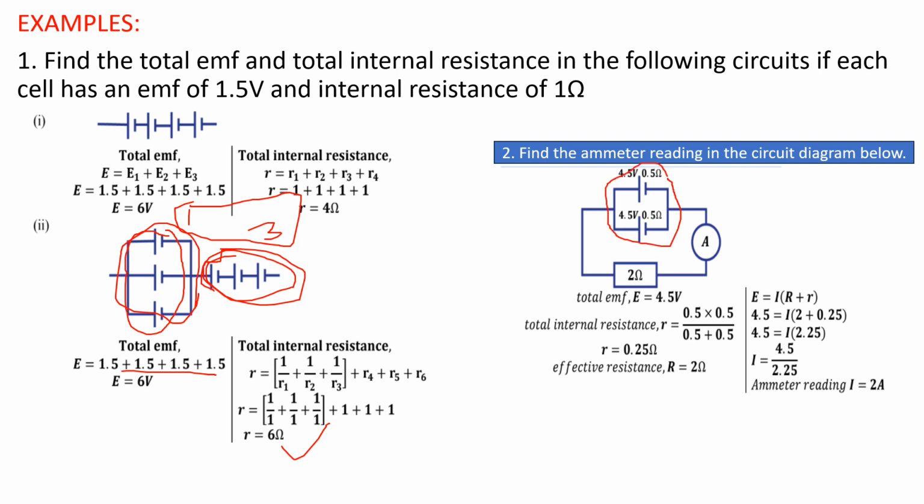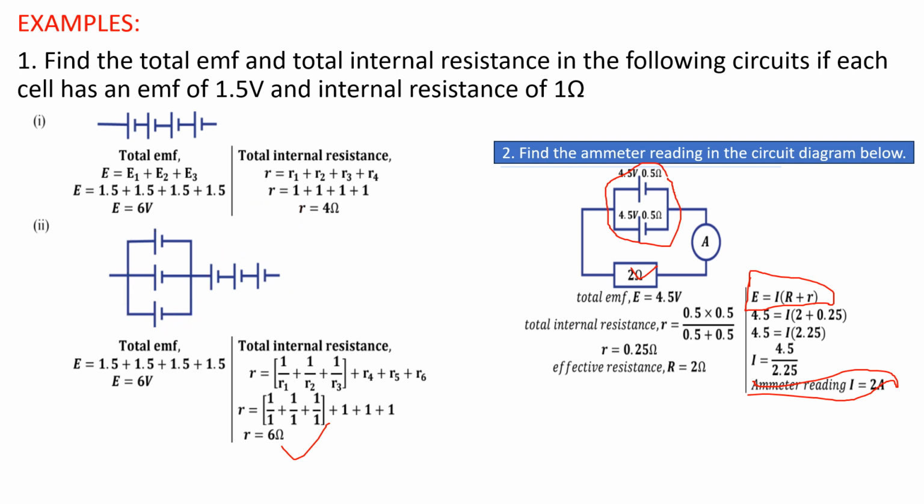Since there are 2 resistors, we use product over sum to get the effective internal resistance. Then we can calculate the current, because we have the external resistance and the effective internal resistance. We use the circuit equation to substitute, and the ammeter reading, or the current, will be 2 amperes.